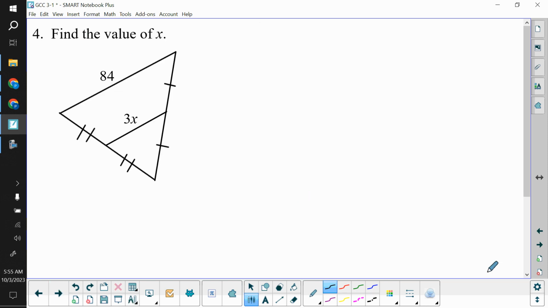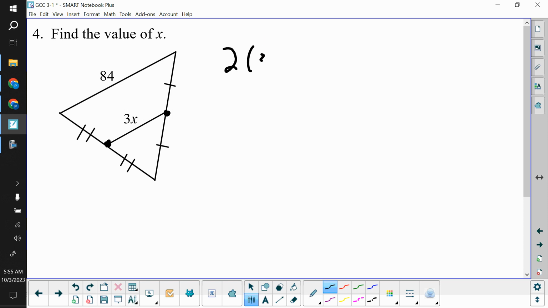All right, going over to the next page. We first want to recognize we got our 2 tick marks over on the left, so that means this is a midpoint. The 1 tick mark means those segments are the same, meaning that's a midpoint. So that length 3x is a midsegment, meaning we know it's parallel to the third side, and it's also going to be half its size. So if we want to make them equal, we've got to take the smaller one and double it.